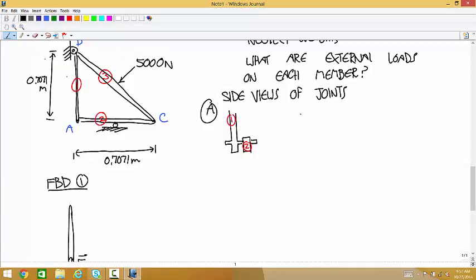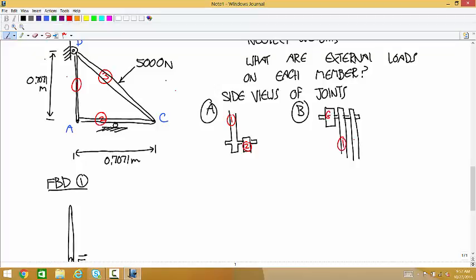Okay, so now let's go to joint B. So I'll think of that as like the bracket for the pin. That's the ground. And then we have member 1 and member 3. And there's a pin joint going through all of them. So I'll call this one G for ground.